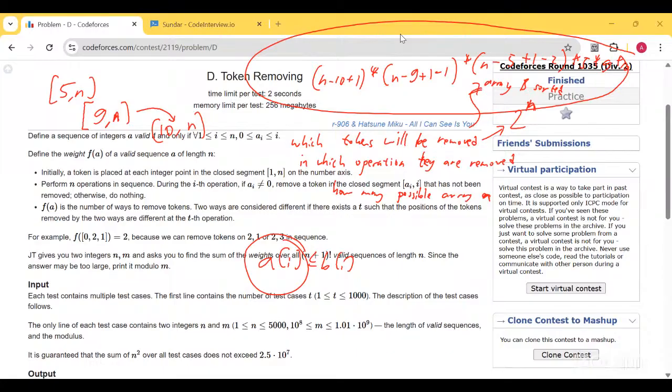Okay. Any question? Which part you didn't understand?